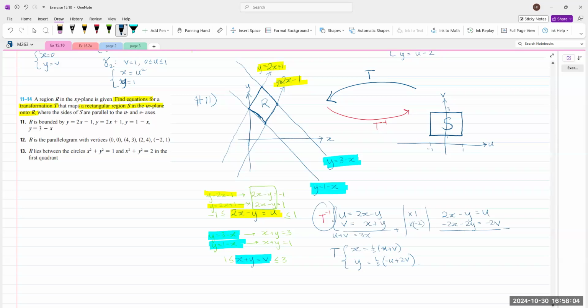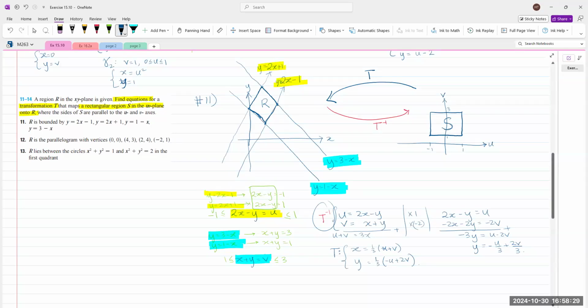When I add, I get -3y equals u minus 2v. So y equals negative u over 3 plus 2v over 3, which is what we got earlier. Okay, so now we get the transformation that we need.